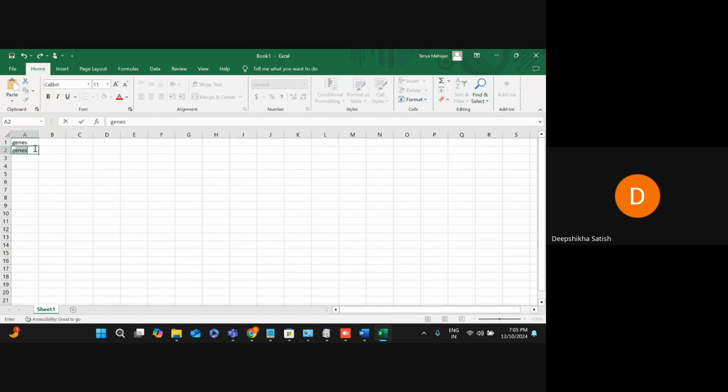So for example, I'm having gene 1, gene 2, gene 3. This is my control and treated. So these are my read counts of my control. I'm just taking an example.